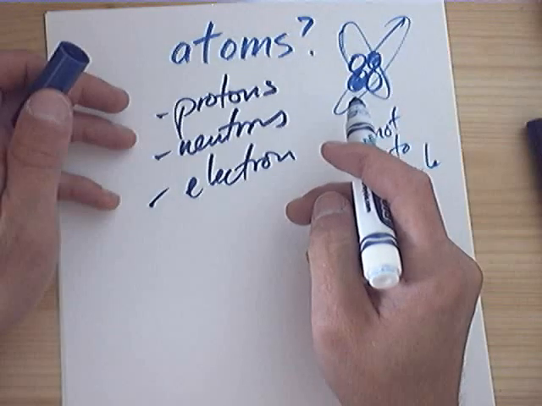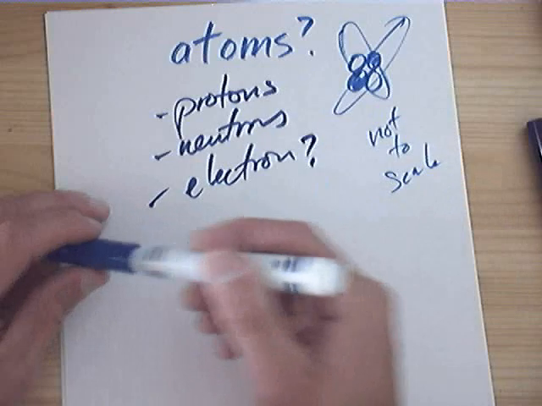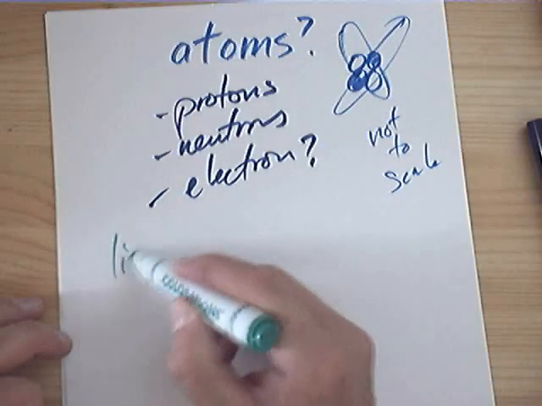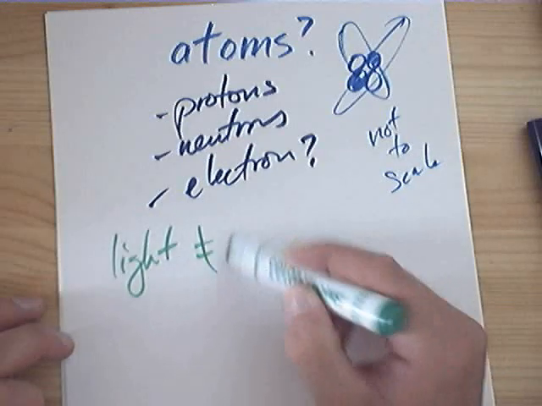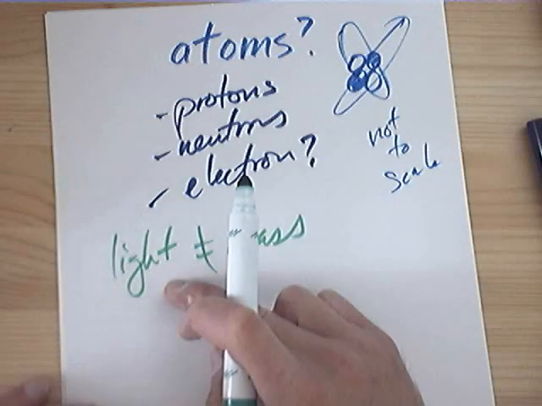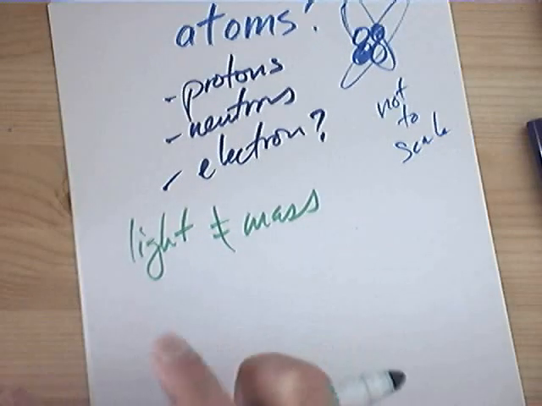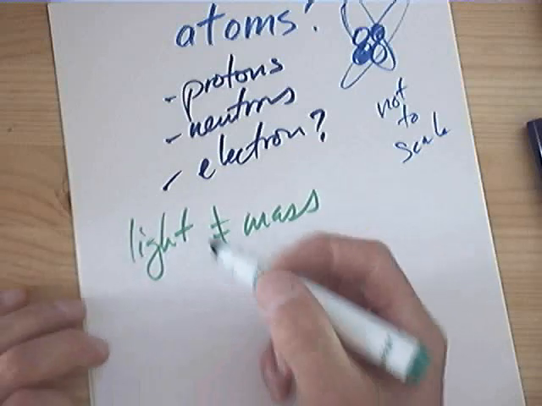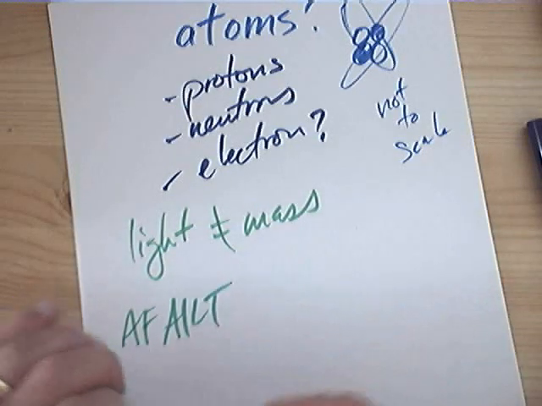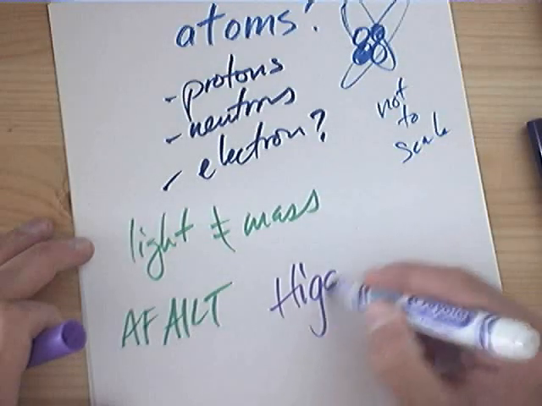But what if it's not a proton, a neutron, or an electron? What if it's something else? Well, light doesn't have mass. That also means that light doesn't have inertia. Then what are we talking about when we say mass, this inertia? Well, as far as I can tell, this is what the Higgs field is for.